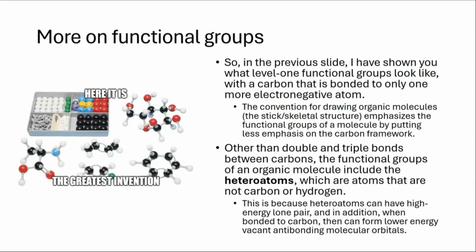So that was a mouthful to say, but just know that heteroatoms have high energy electrons, and because of that they can attack other molecules. And because the LUMO is lower in energy, there will be more reactivity, because HOMO-LUMO interactions are the base of organic chemistry.